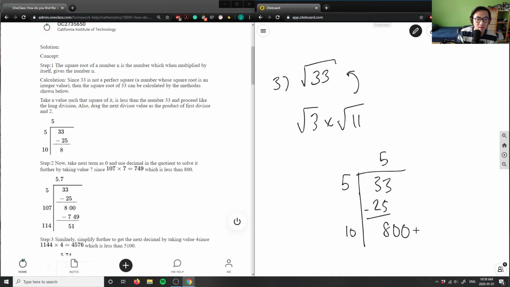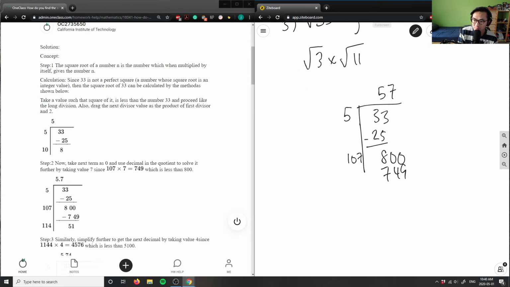Then I'm thinking of another squared number that would go into 800, and I'm focusing on this digit here. In this case, it would be 7, right? So 7 here, and 107 times 7 is 749, which is less than 800, which is good.